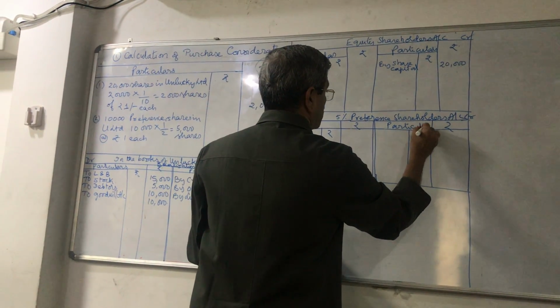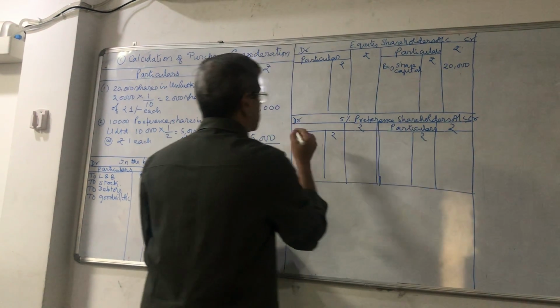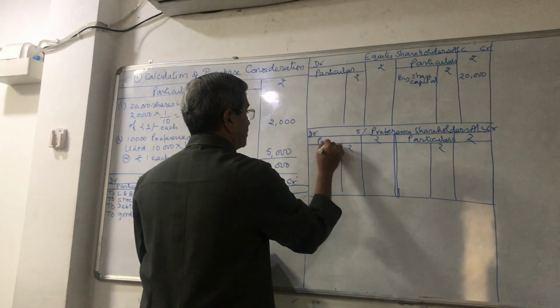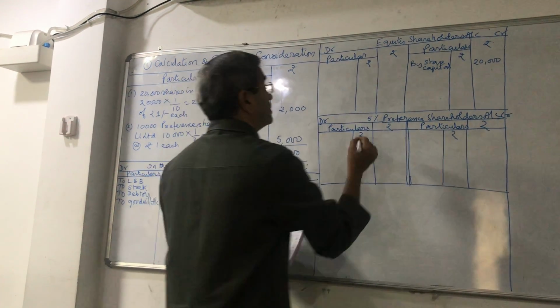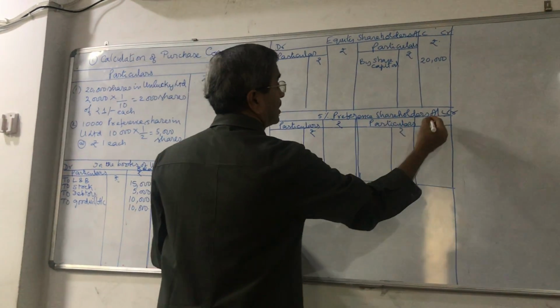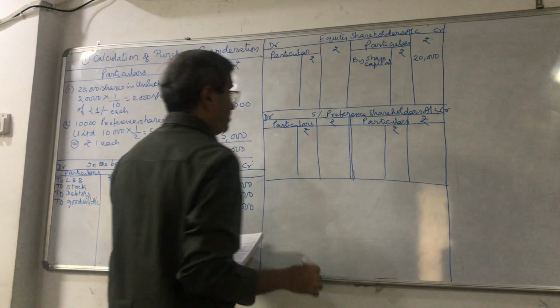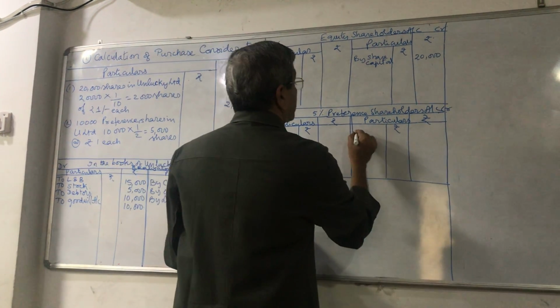All these things we should not skip, because the success of the accountant always lies in presentation. How you present is very important. If you present it badly, that is not correct.